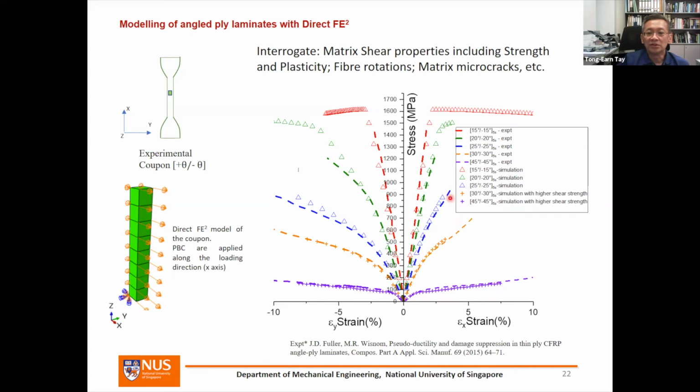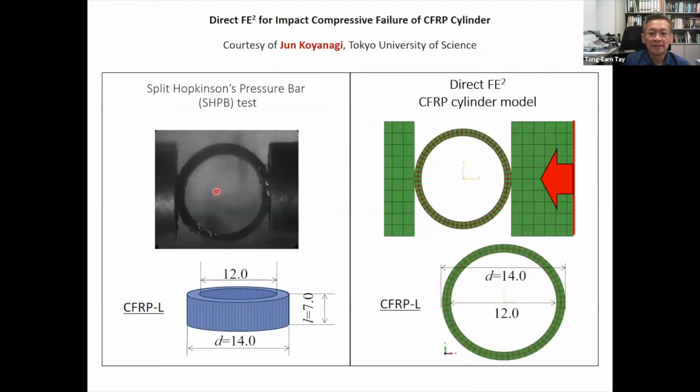And the agreement is pretty good. What this shows is that the larger angles are dominated more by the shear properties, and the smaller angles are dominated by fiber behavior. And we are in the process of also measuring the fiber changing angles using this technique.